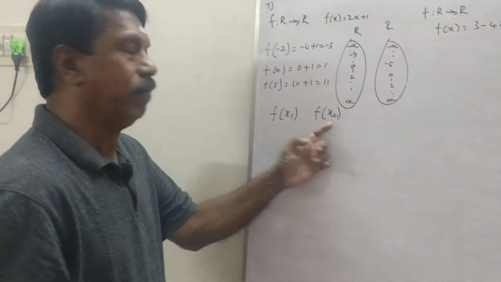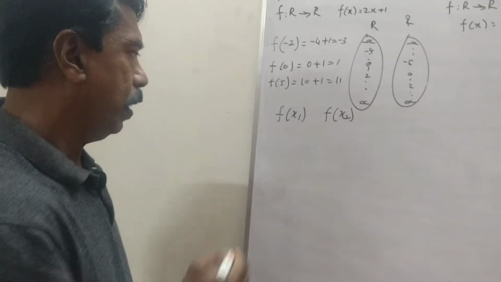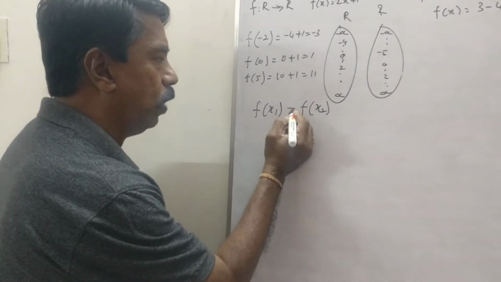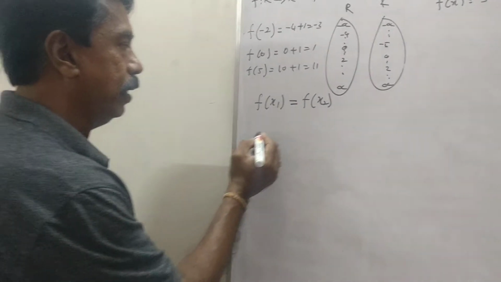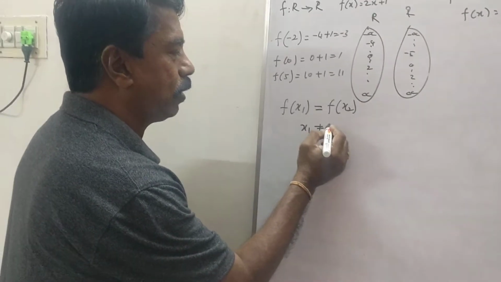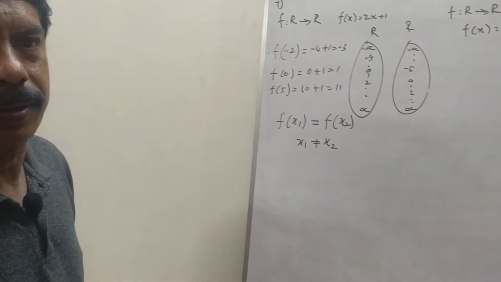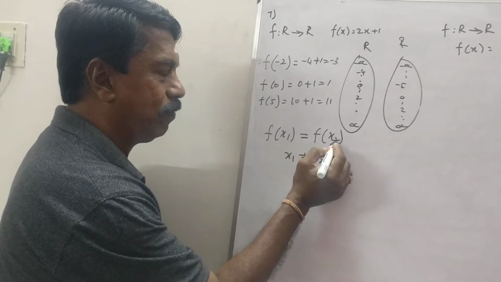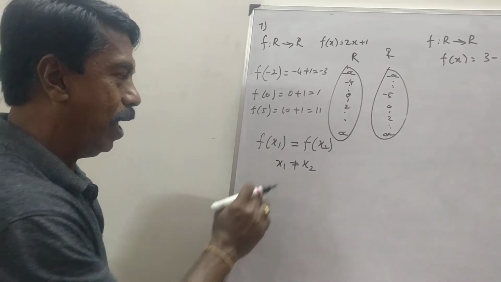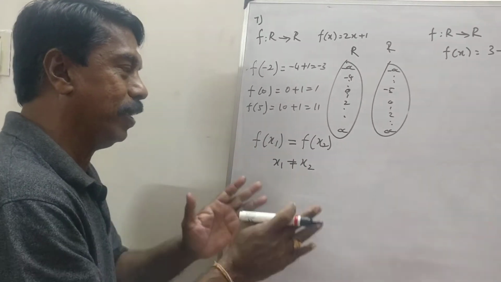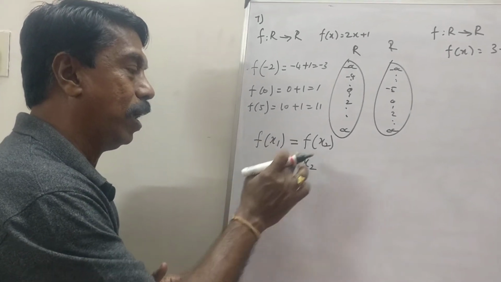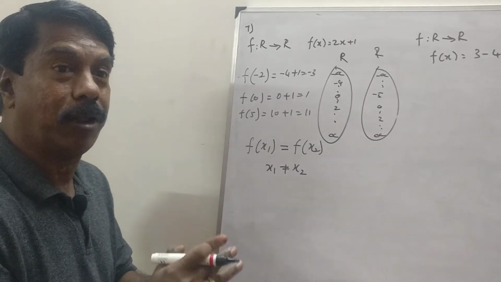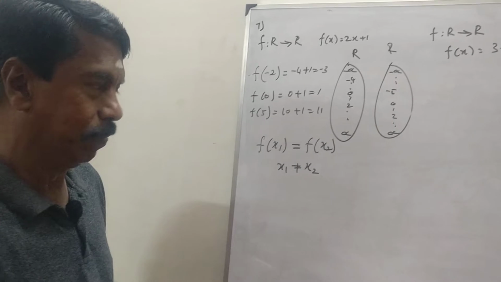Suppose x1 and x2 are different, and suppose f of x1 and f of x2 are equal. I hope you can understand. That means the image of x1 and the image of another element x2 is also the same. That means it is not one-to-one, it is many-to-one.